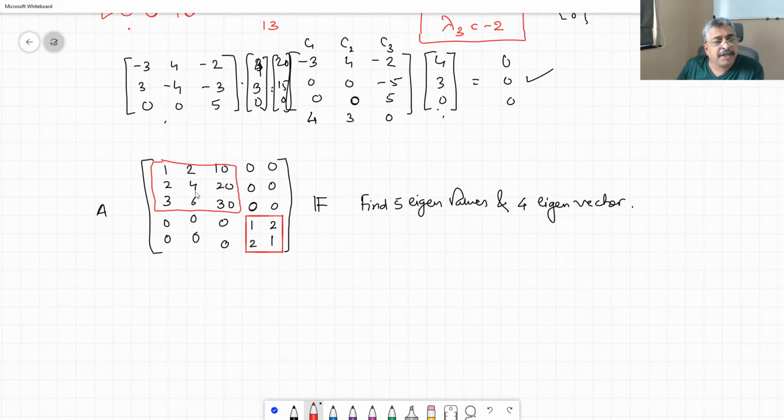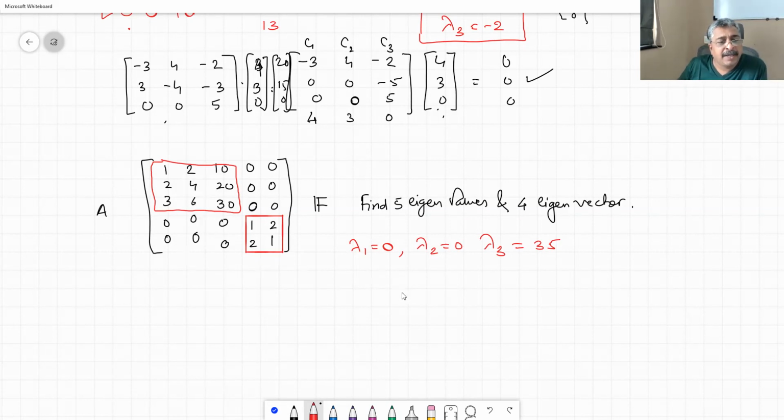As far as the first matrix was concerned, our eigenvalues were lambda 1 equal to 0, lambda 2 equal to 0, and lambda 3 equal to 35. That is what the lambda values were for the first 3 by 3 matrix.